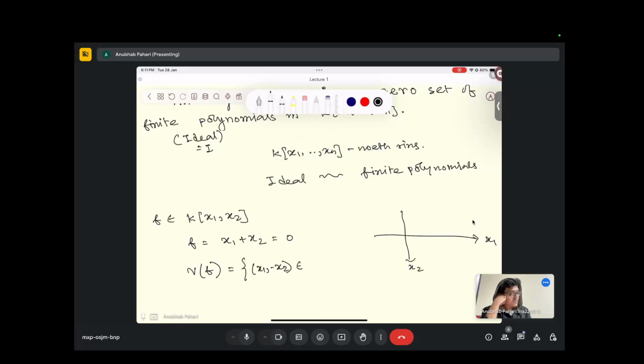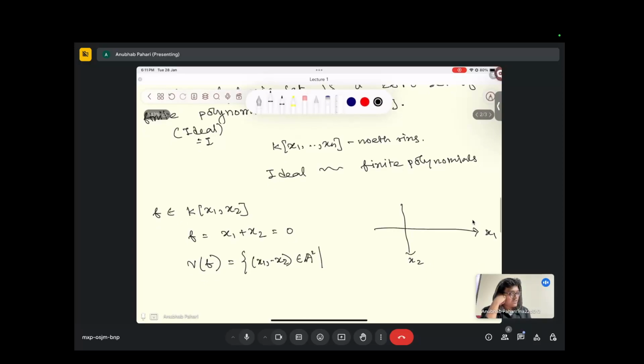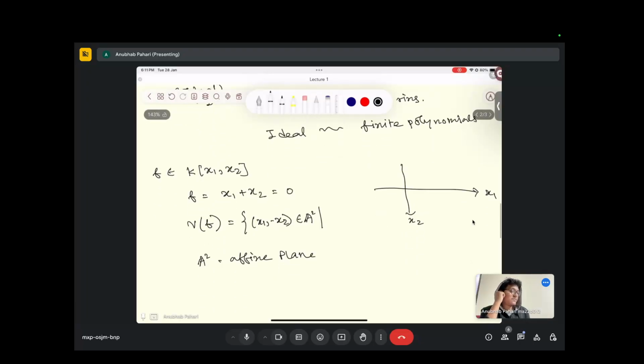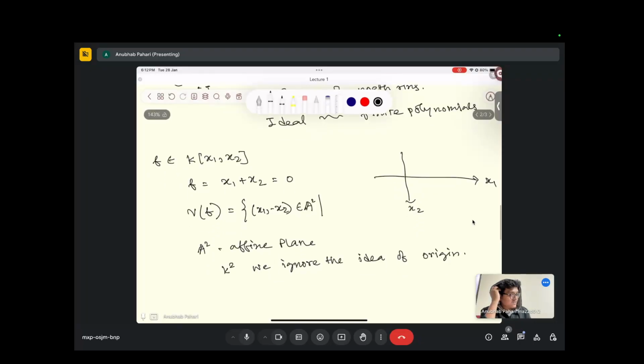It is from R2, or A2 is fine, where A2 means an affine plane, and an affine plane is nothing but you can say it is R2 or C2 or K2 for a field, but we ignore the idea of the origin being fixed to 0.